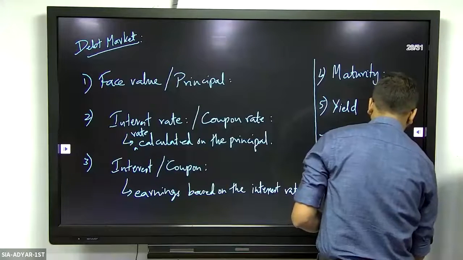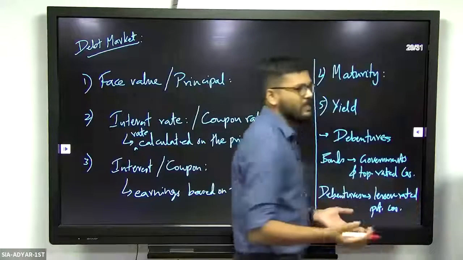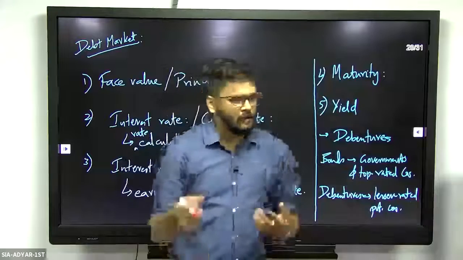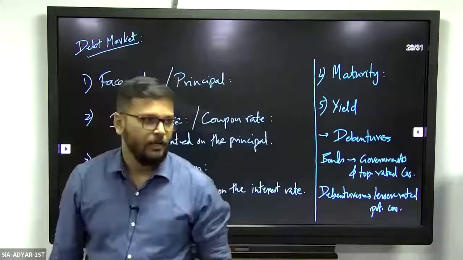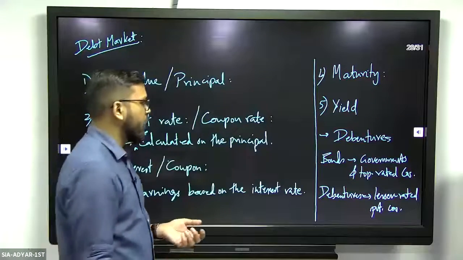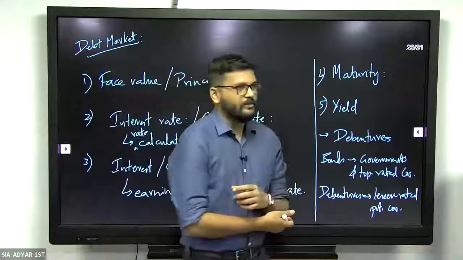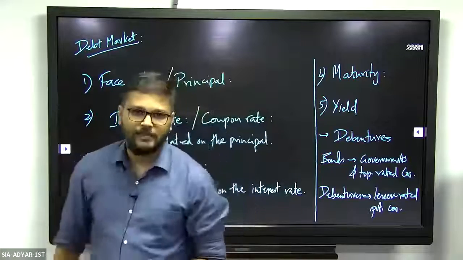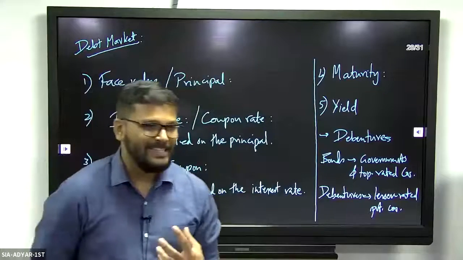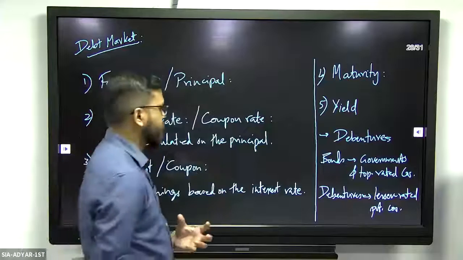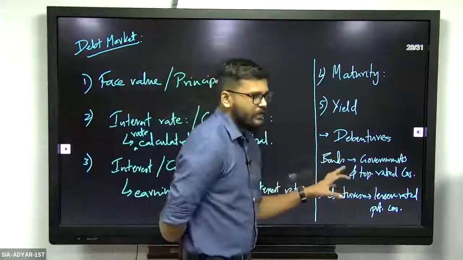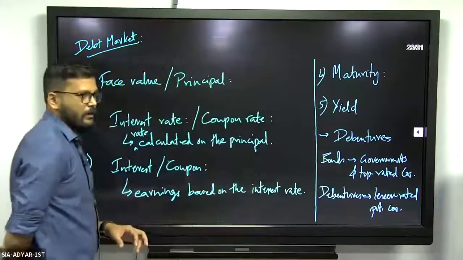Mostly private companies, because government companies will be highly rated, because the government will come and pay the loan if they are not able to repay. So lower rated private companies, when they issue debt instruments, such debt instruments are called debentures. Okay. So that is the difference between bonds and debentures.